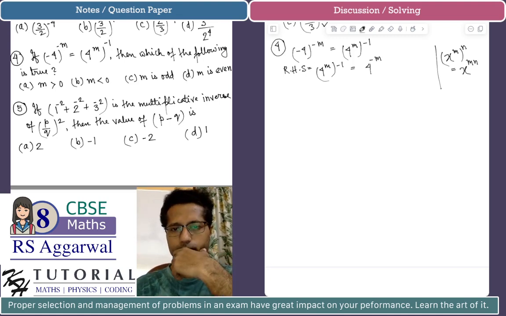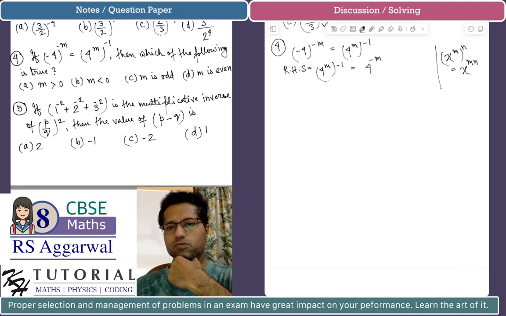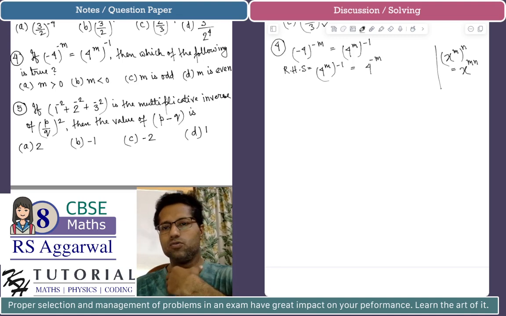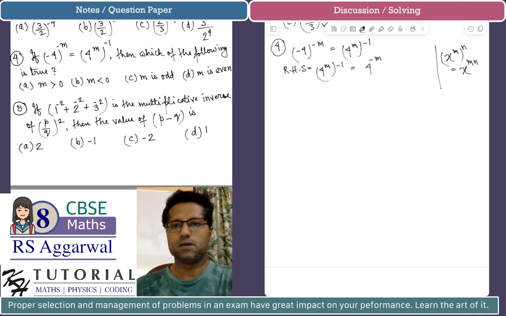So 4 raised to the power m and that whole raised to the power minus 1 is equal to 4 raised to the power m into minus 1, which is minus m. Okay, now we are getting minus 4 whole raised to the power minus m is equal to 4 raised to the power minus m.